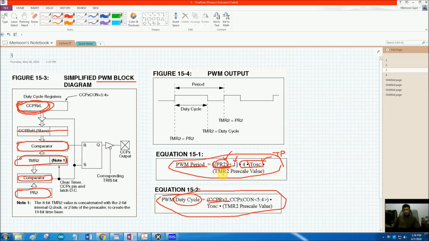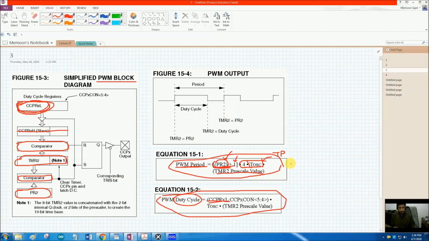And then the Timer 2 prescale value. If you are using any value of prescaler enabled for Timer 2, then that prescaler value will be multiplied. It is fairly straightforward.